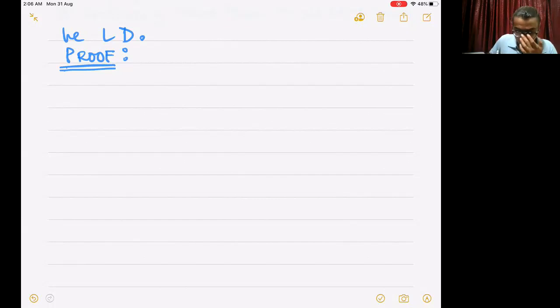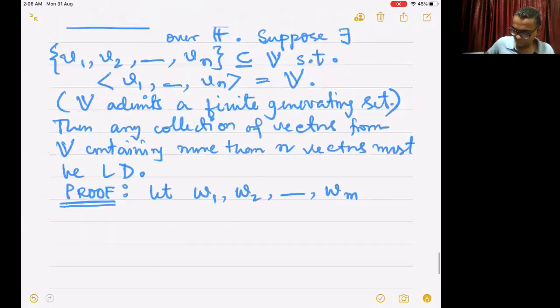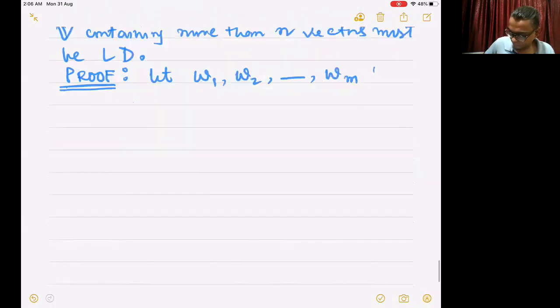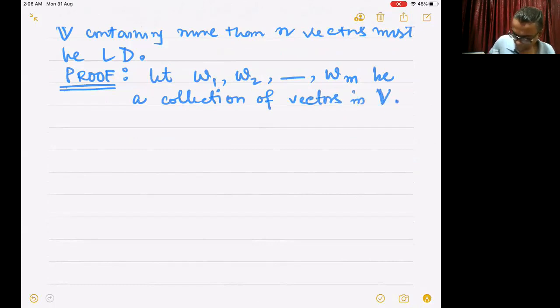First thing, so let W1, W2, dot dot dot up to Wm be a collection of vectors in the given vector space, with m strictly bigger than n.